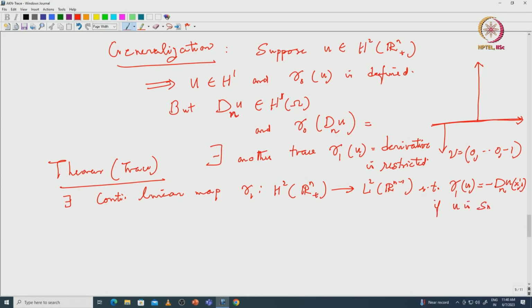You see, what I am taking is nothing but your normal derivative, du by d nu of u, because all other directions do not come. So that is why I put the minus sign.